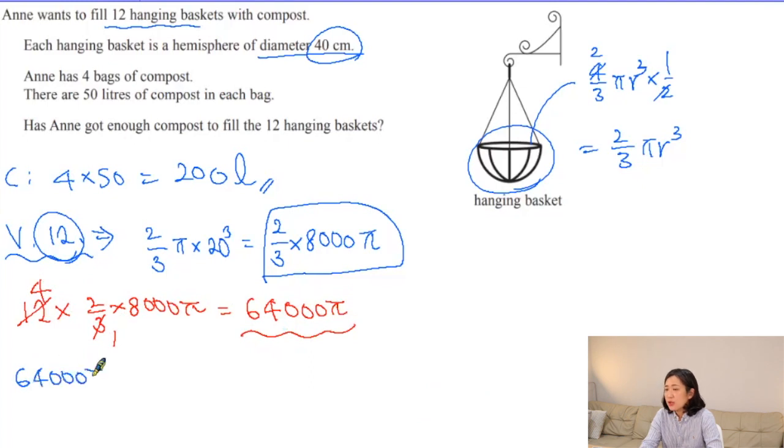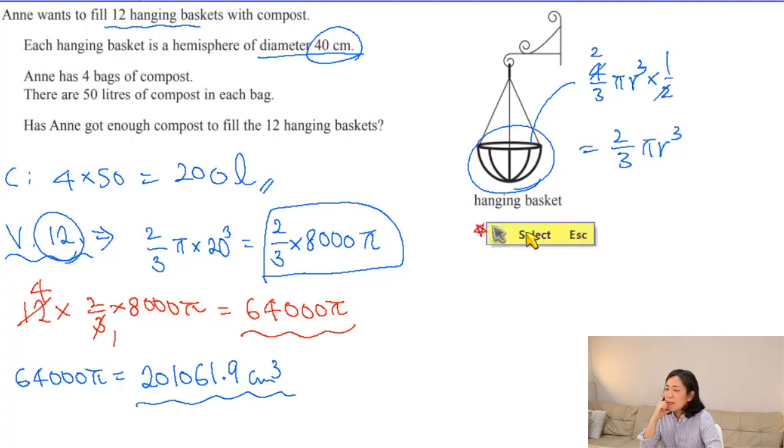Now you need to use your calculator to times the pi as well, because we need to compare the amount. If you times pi, you end up with roughly 210,061.9. Before we compare the amount, we've got a different unit.